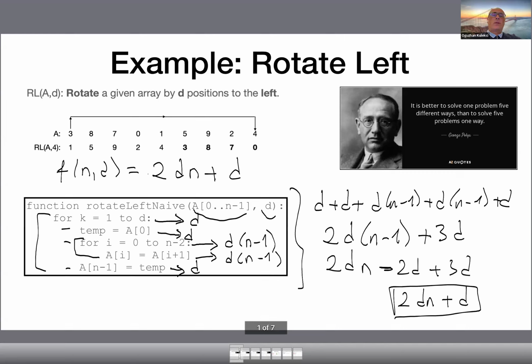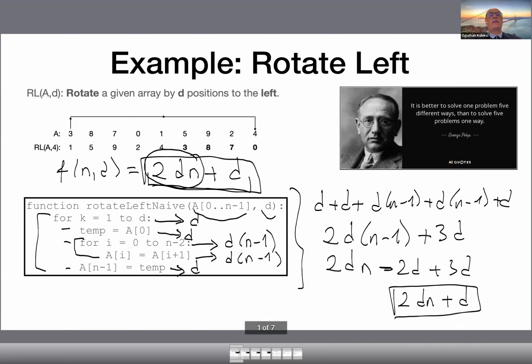Actually, when we see this number, let's investigate it a little bit more. What I expect is that n will become larger and larger, and d is always less than n. So when you look at this function, the dominant term, which grows with the increasing value of n, is this part.